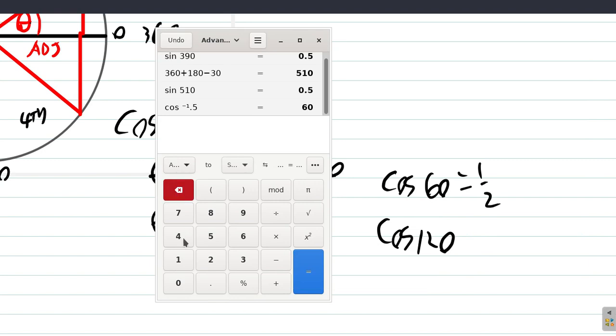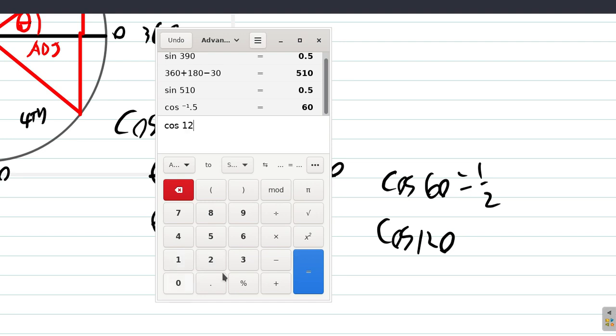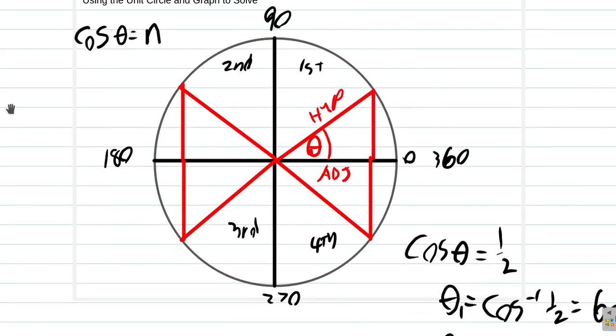Cosine 120. So, we're finding the cosine of 120 equal negative half, as expected, because guess what? The adjacent goes this way to the left in the negative direction, looking at a negative adjacent over a positive hypotenuse.